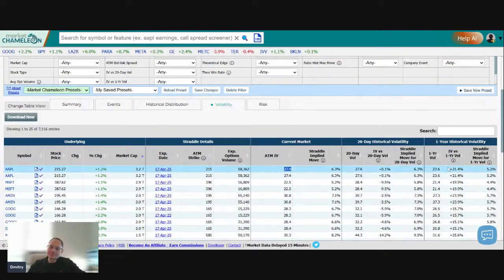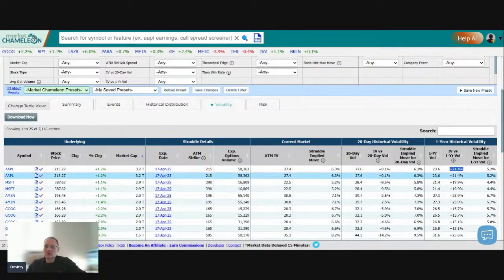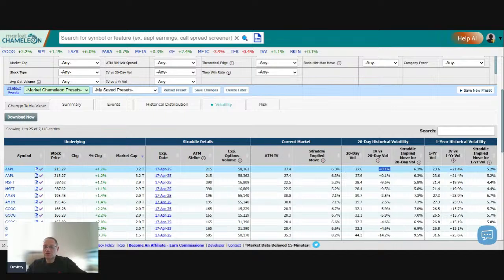So for the one year, we see that in the last year Apple moved at a 23.6 volatility. That implies that the current implied vol, 27.4 versus 23.6, is trading 21% above its one-year benchmark. So here it's trading close to its 20-day benchmark, but above its longer-term one-year.